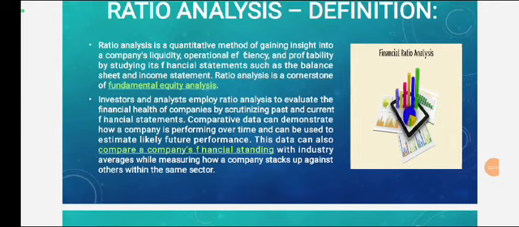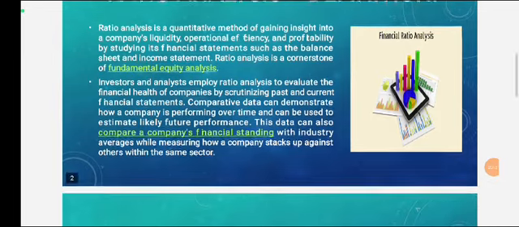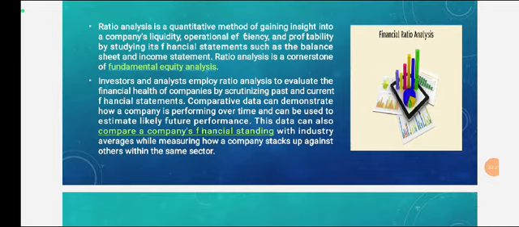So ratio analysis is one of the measures to analyze the financial strength of the company. Based on the past performance, we can also forecast the future performance. Comparing the company's financial standing with the industrial average also helps the company to move forward.